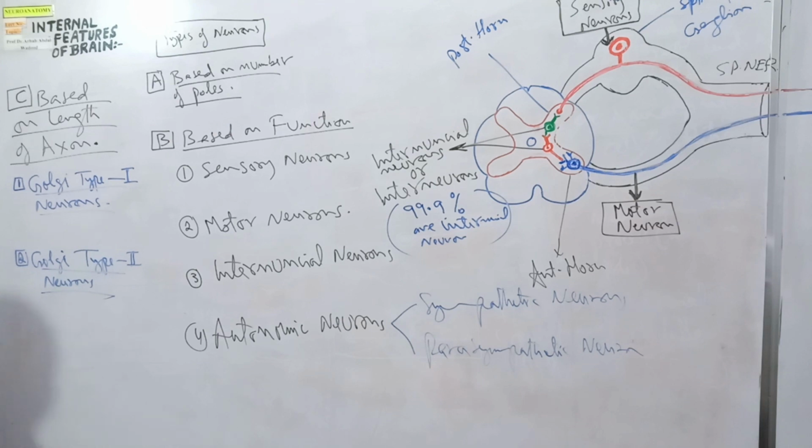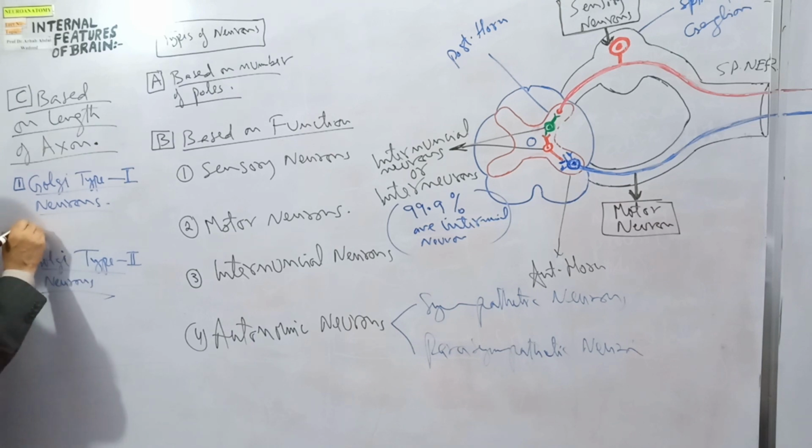So based on length of the axon, Golgi type 1 neurons are very long. Golgi type 1s are having very long axons.